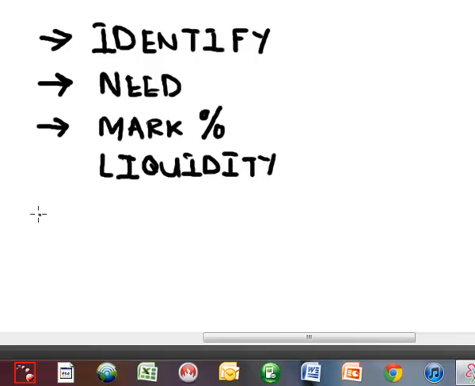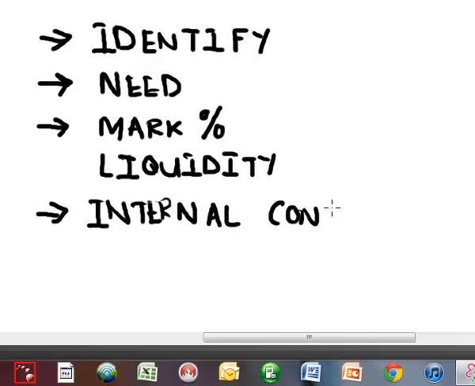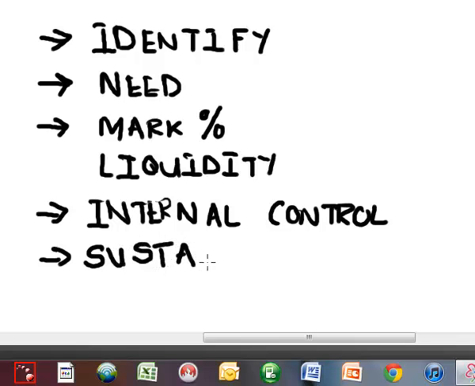Understand when we're talking about internal control, what are we referring to? When we are referring to sustainability, what are we referring to?